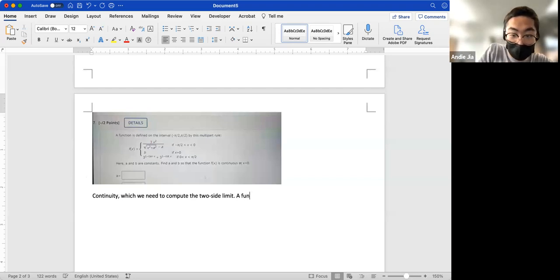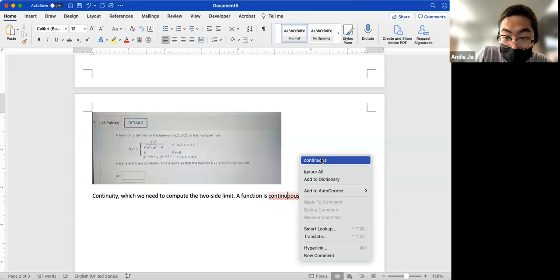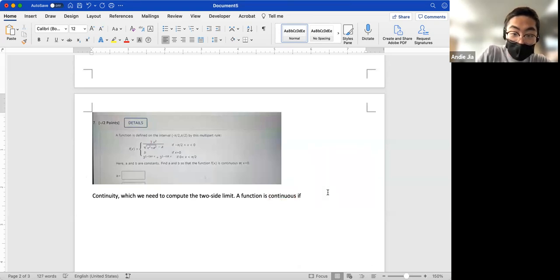A function is continuous if it has a defined value and the limit exists.